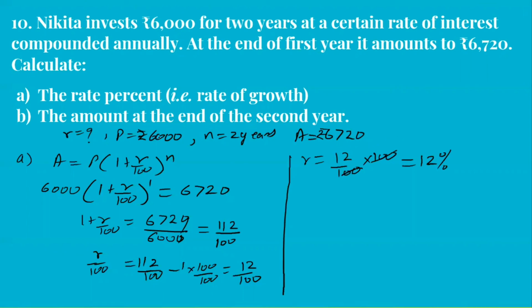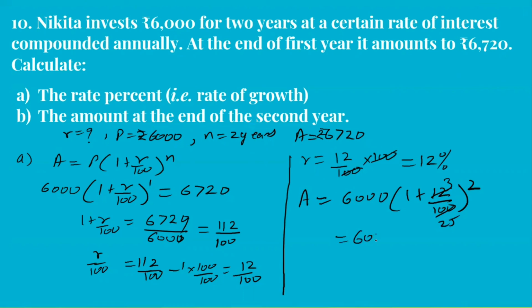Now, we have to find the amount at the end of the second year. So the principal remains the same. So we have amount at the end of second year is equal to principal, which was 6,000, in bracket 1 plus rate, which is 12 upon 100, raised to 2. 4 3s are 12, 4 25s are 100.